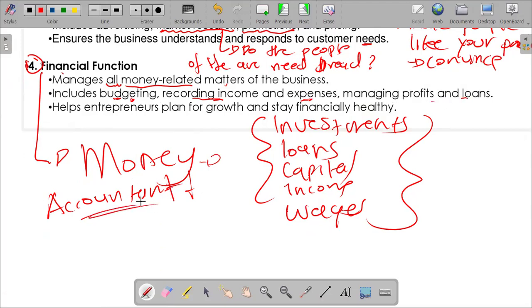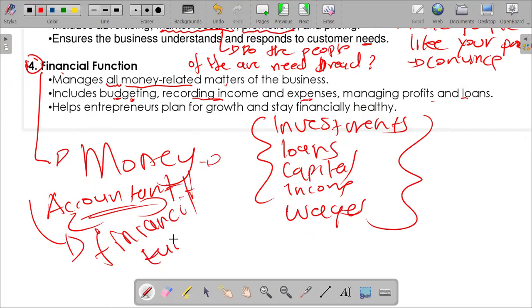So they'll use an accountant. Now the accountant will be responsible for the financial function. All right. And then the last one, the financial function helps entrepreneurs plan growth and stay financially healthy.